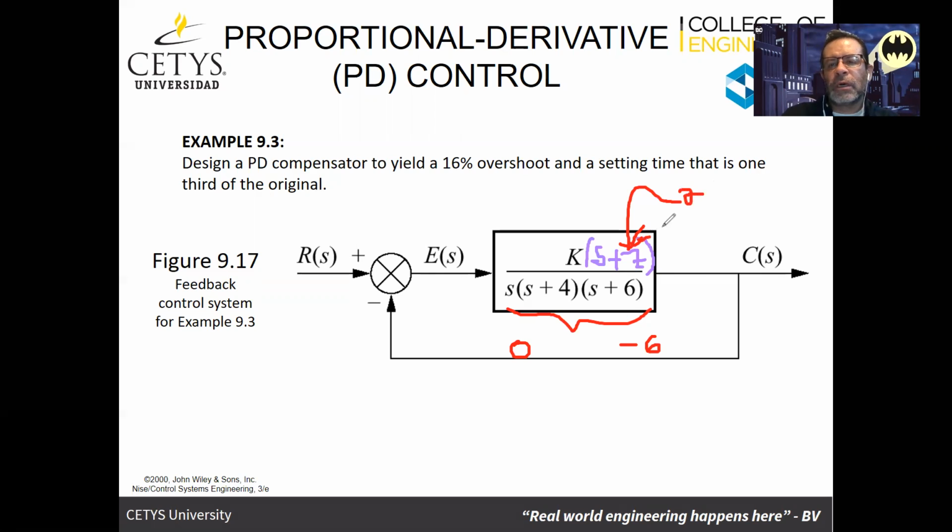I'm sorry, 4 is going to cancel it out. I'm going to give values of 2, 3, and 5 to z. Let's see what happens with those three values. I'm going to call these B, C, and D.